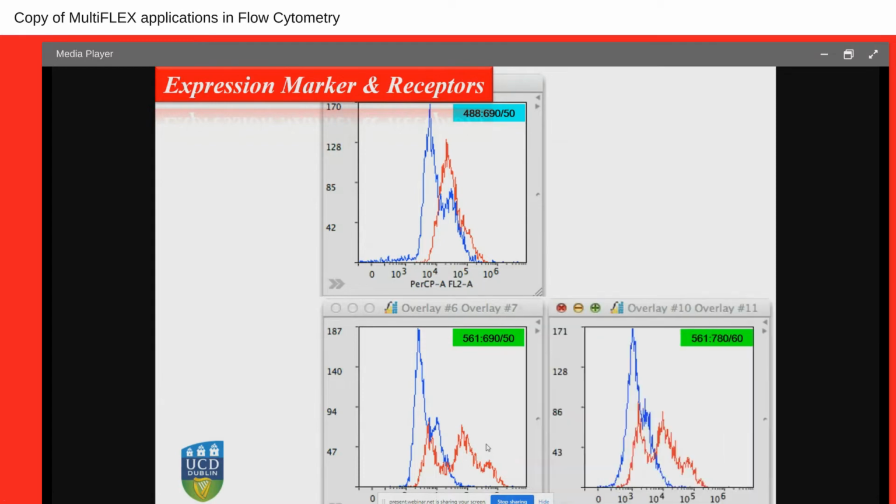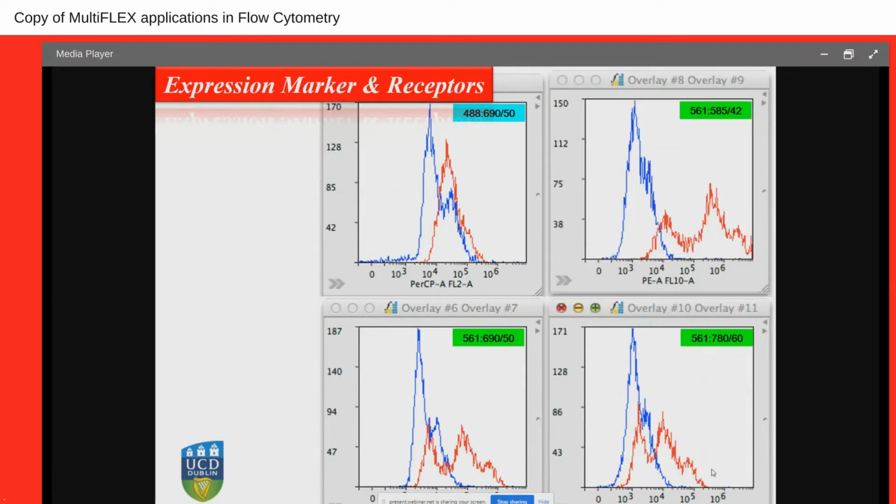If we try with different filters, we can see we can resolve those dim, medium, or bright signals as well. But if we use the perfect combination of lasers and detectors or filters, we can clearly distinguish a very positive signal. And this is what I like about these instruments, the flexibility to choose excitation sources and emission, and playing with these to try to optimize and maximize the information we get from every single sample that you have.